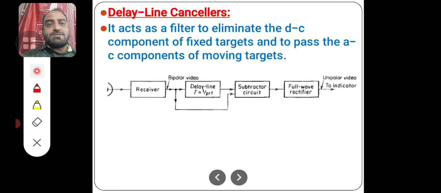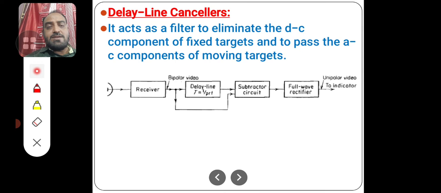The output of the subtractor will also be bipolar, that means either positive or negative peaks may be present. By passing that signal through a full wave rectifier, all the bipolar signals are converted to unipolar, which is easy for an observer to understand.